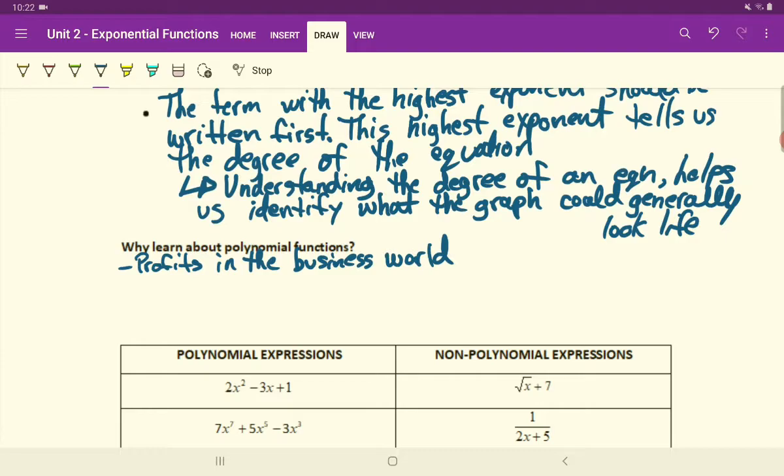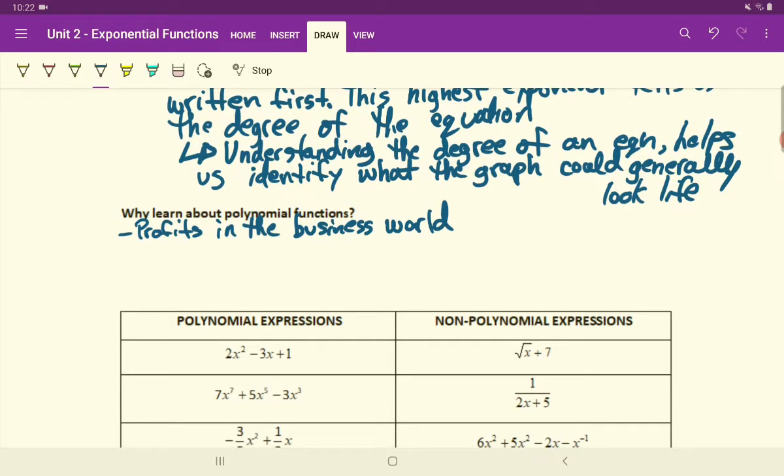Okay, so if something is following kind of an up and down pattern, maybe it's following a quadratic pattern, for example. Okay, and so you can predict just when that turning point is potentially. I mean, it might not be accurate, but you can predict when that turning point of going from up to down might be, if it's a quadratic that's opening downwards. Okay, so profits in the business world.